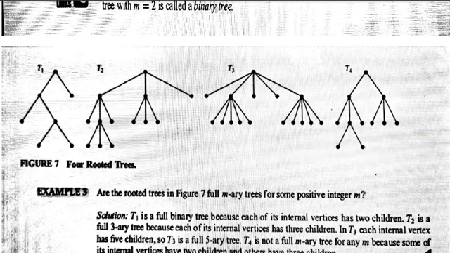And what about T4? This root has 2 children, then an internal vertex has 3 branches and then 2 branches. So it is not a full M-ary tree.